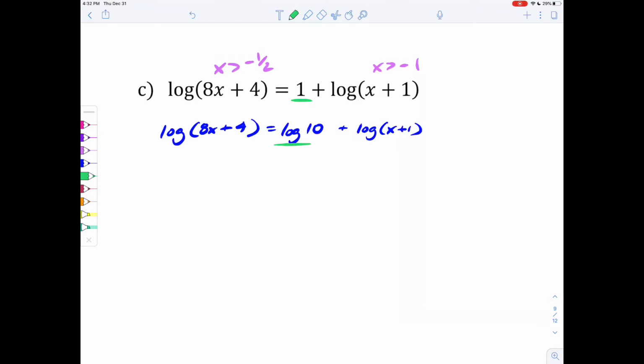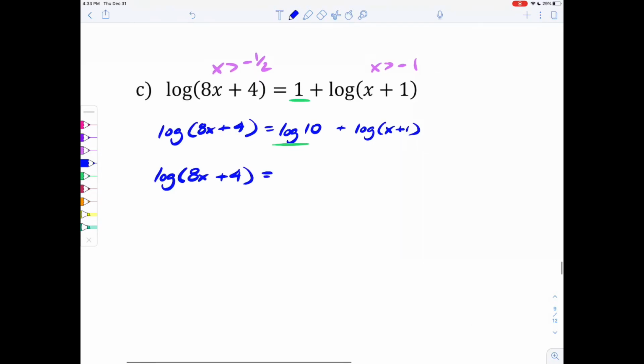The reason I did that is now I can take these 2 logs and write them as 1. And for that, I'm going to use the product law of logs. So this left side stays exactly the same. On the right side, using the product law of logarithms, I can say it is the log of 10 times x plus 1.